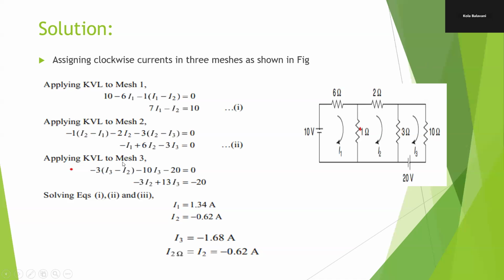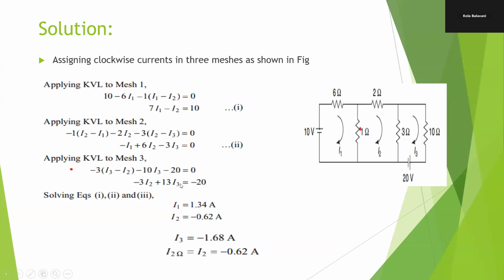Next, applying KVL to mesh 3. Consider this 3 ohm resistor, where the two currents I2 and I3 pass opposite to each other. So minus 3 into (I3 minus I2), minus 10I3, and with the positive and negative terminals, minus 20, equal to 0.